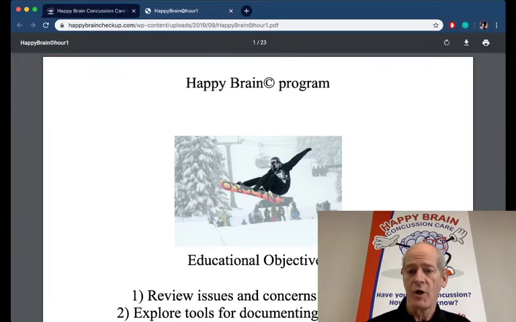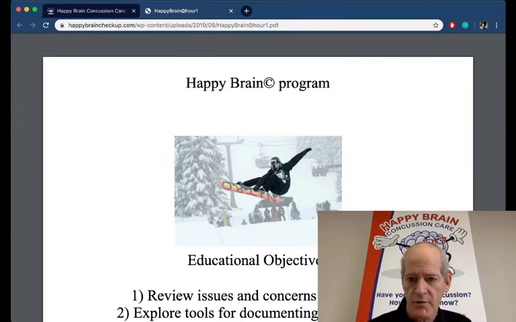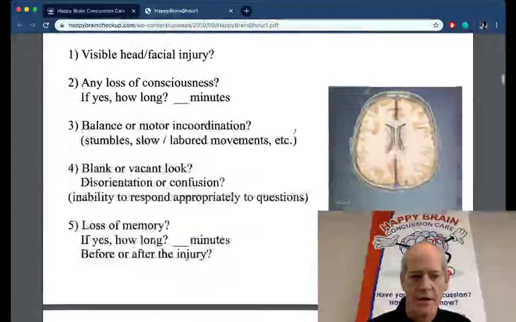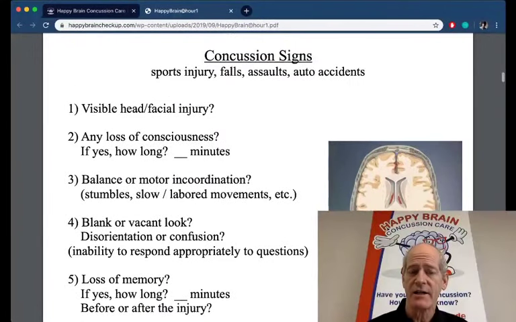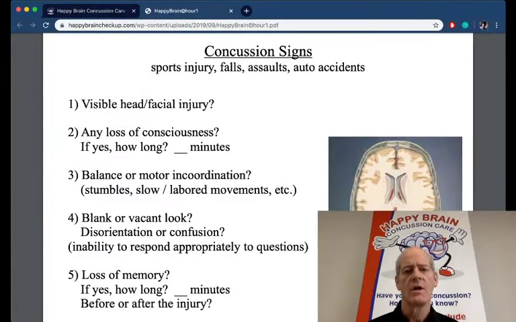Okay, so Hour 1, as we're scrolling down through, I want to look at concussion signs versus concussion symptoms. The difference between concussion signs and concussion symptoms: concussion symptoms are something I have to ask the patient about.